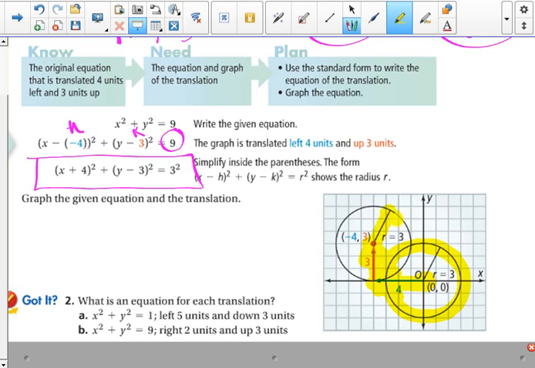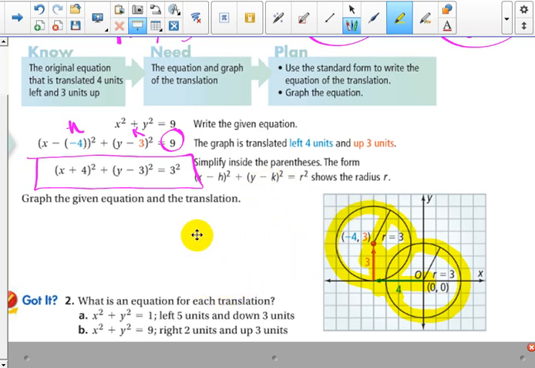Still has a radius of 3, and there's our new circle. So that's how you draw this. So you draw the parent, and you show the translation with the horizontal and vertical movements, and draw the new circle in its new position.